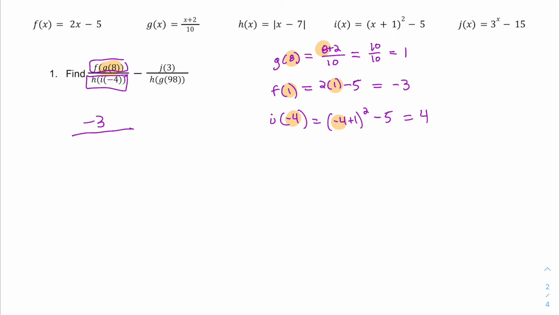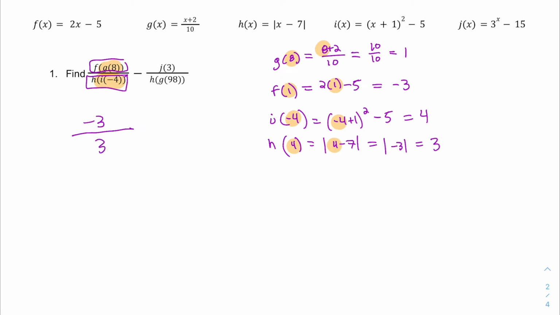And then I go back and I use the output of i of negative 4 and put it into the h function, which is h of 4 is equal to absolute value of 4 minus 7 equals the absolute value of negative 3, which is equal to positive 3. So when I input 4 into my h function, I get an output of 3.